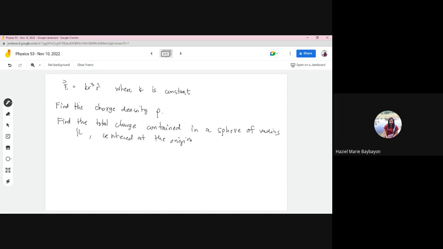Okay, so we are given this electric field in some region, and this is in spherical coordinates. So how do we find the charge density?